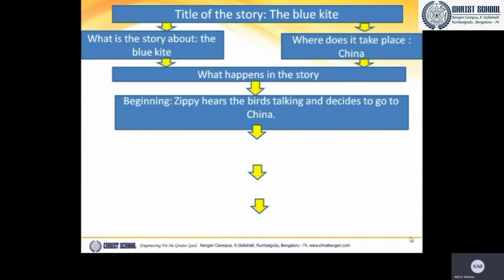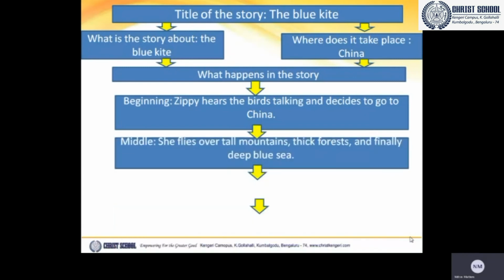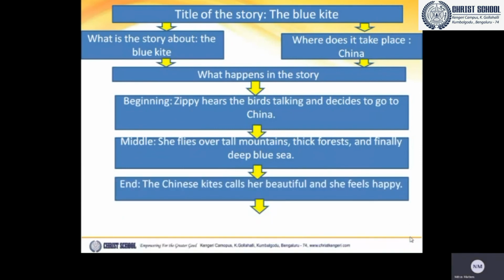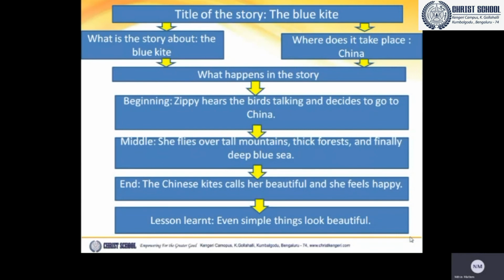Sippy hears the birds talking and she decides to go to China, right? That is what happens in the beginning. And in the middle of the story, she flies over tall mountains, thick forests, and finally the deep blue sea. And at the end, we see that the Chinese kites call her beautiful and she feels happy and she feels proud of herself. So what did we learn from the lesson? The lesson learned is even simple things look beautiful.